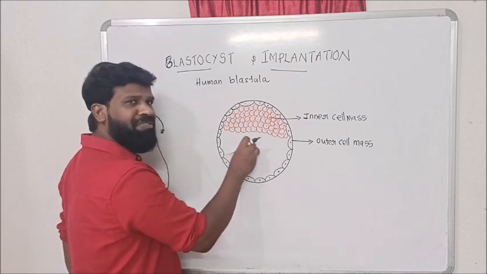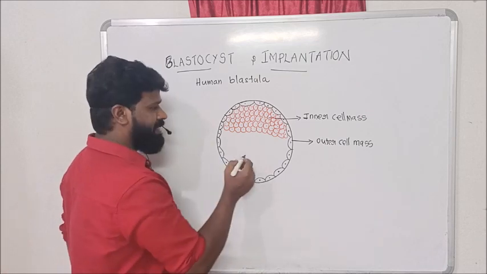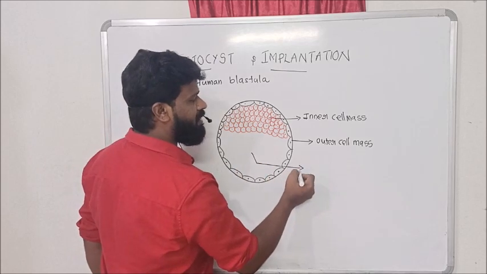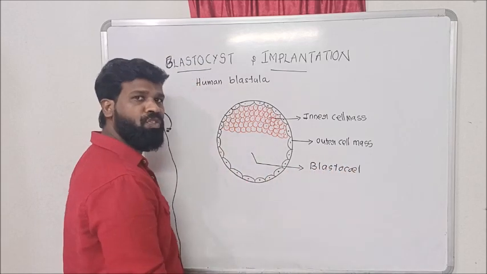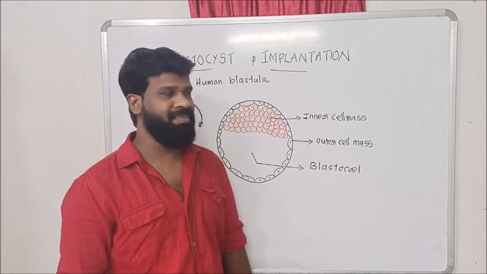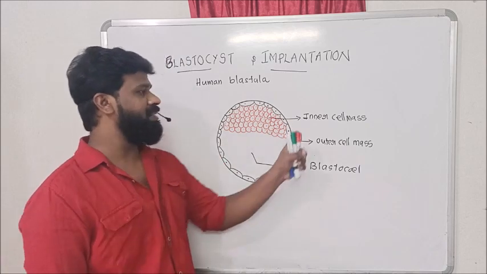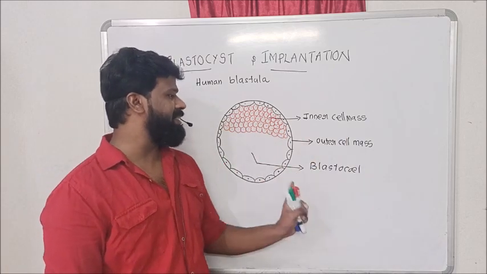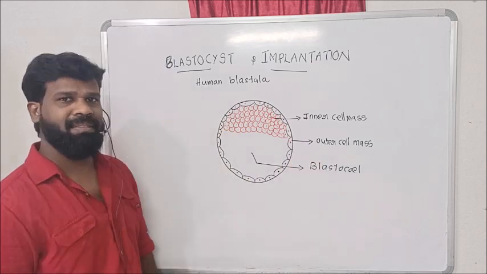Then this is the cavity of this blastocyst. This cavity is called blastocele. So, outer cell mass, inner cell mass and blastocele.